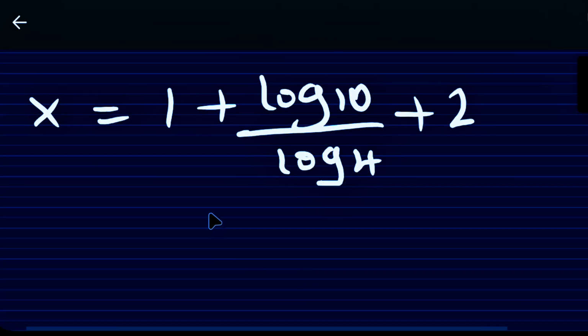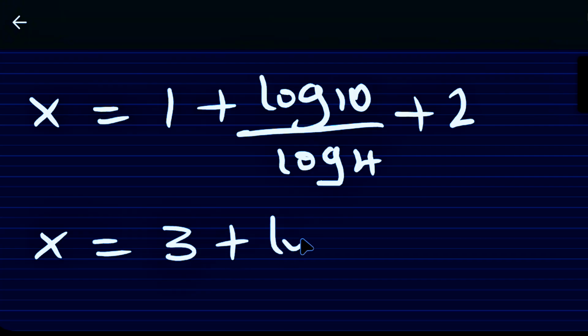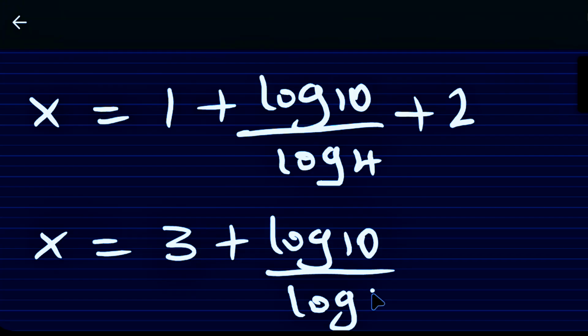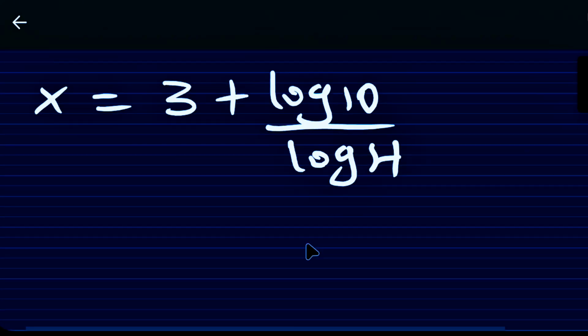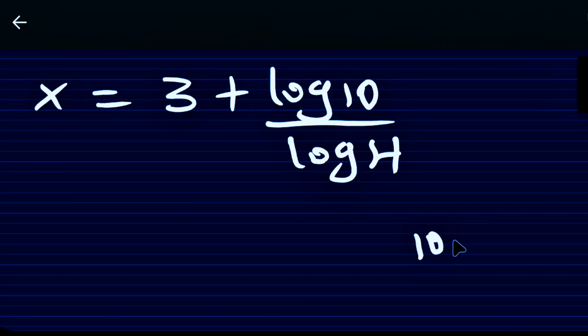From here, 1 plus 2 equals 3. So we'll have x equal to 3 plus log 10 divided by log 4. Now note that 10 equals 2 multiplied by 5.